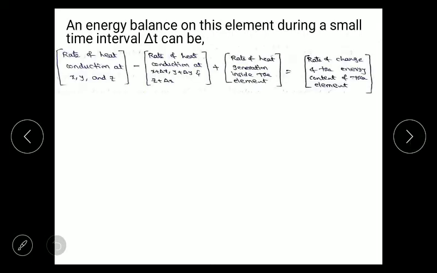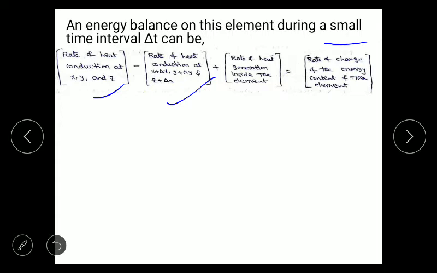Now let's start the derivation. The energy balance equation for this element after a small time interval delta t can be written as the change in energy. The rate of change of energy is the difference between the input heat and output heat.